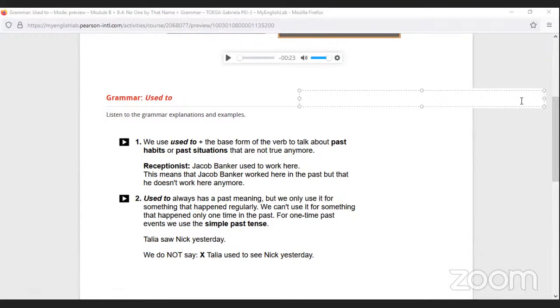Now we will see what structures we use for this grammar. Used to means solely, right? So as we said, we will use it for past habits, but we don't do it anymore.